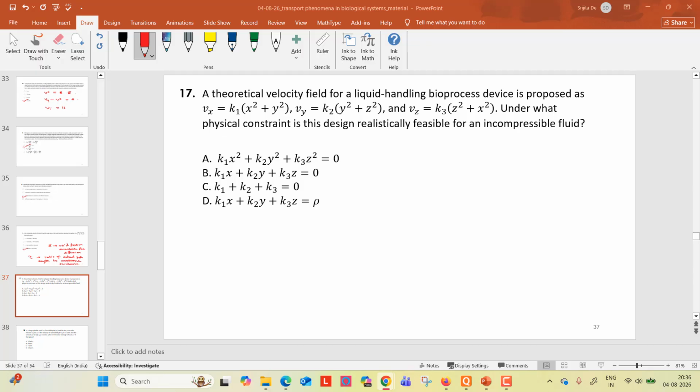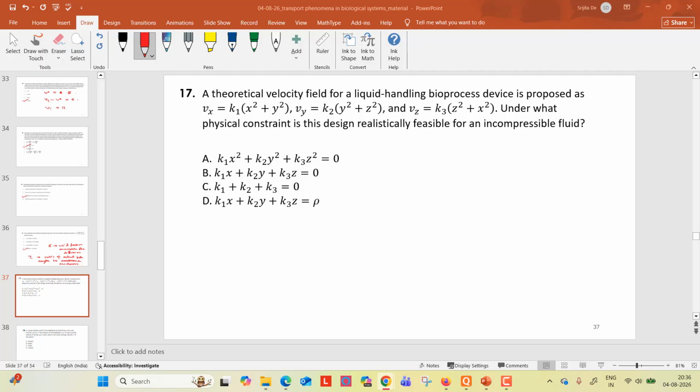A theoretical velocity field for a liquid handling bioprocess device is proposed as this. Under what physical constant is this design realistically feasible for an incompressible fluid?